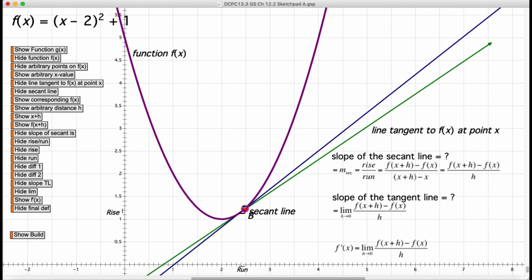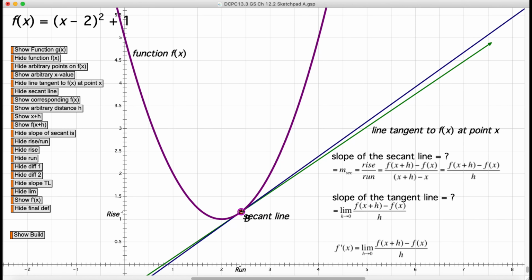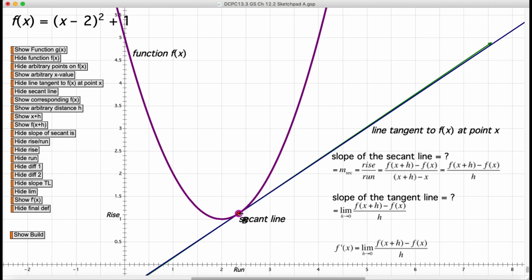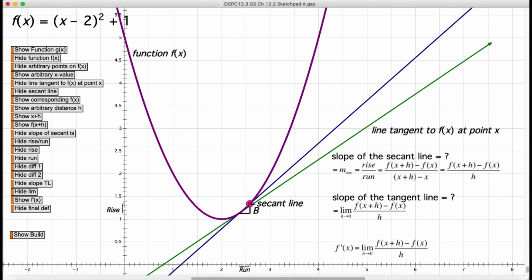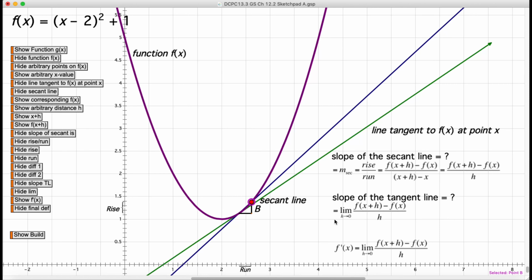And if you actually let it be 0, then your secant line is your tangent line, and that's what we're trying to find here. However, based off of the slope that we get for our secant line, our denominator is just h. So if my run is just h, I can't actually let that go to 0. And so this is why we don't actually have h go to 0, but rather we look at the limit as h gets infinitesimally close to 0.